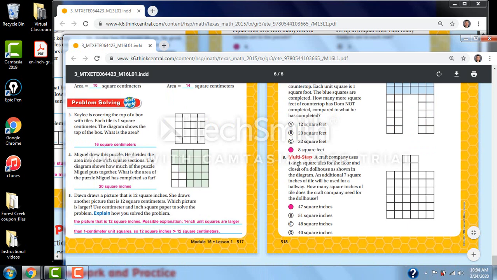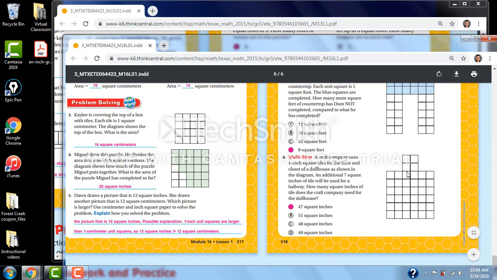Here you go. A craft company uses 1 inch square tiles for the floor of a closet dollhouse shown in the diagram, and an additional 7 square inches of tile will be used for a hallway. How many square inches of tile does the craft company need for the dollhouse? So you get your total squares. So 1, 2, 3, 4, 5, 6. 1, 2, 3, 4, 5, 6.